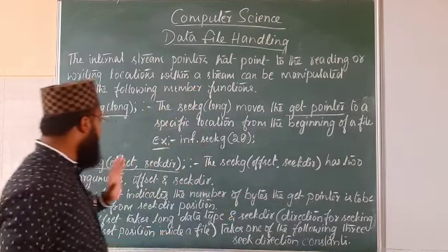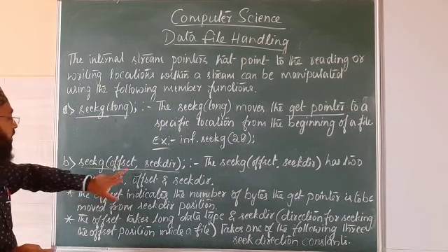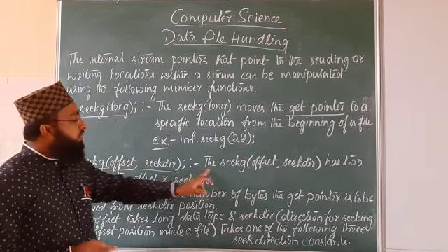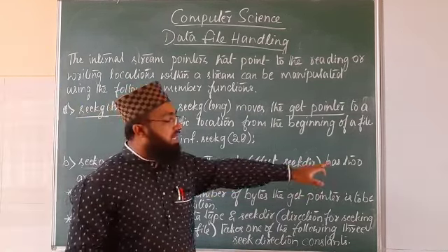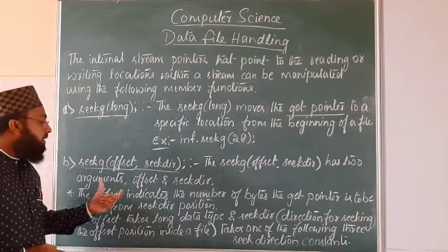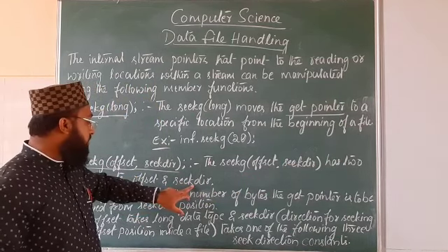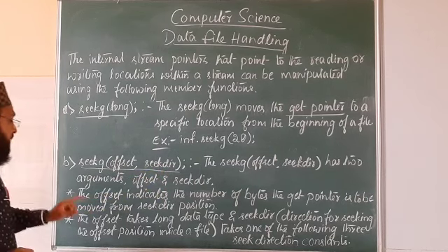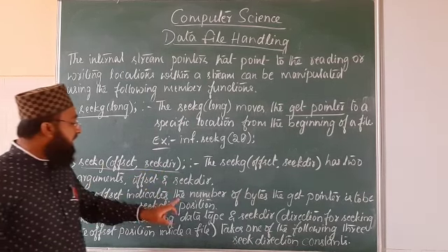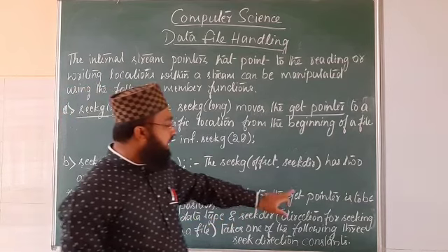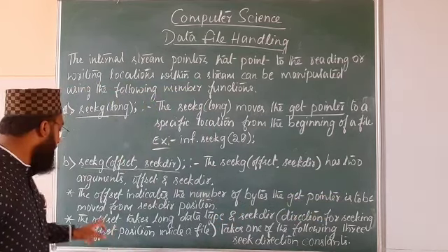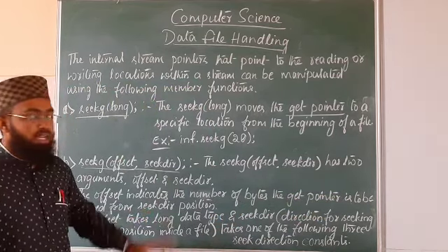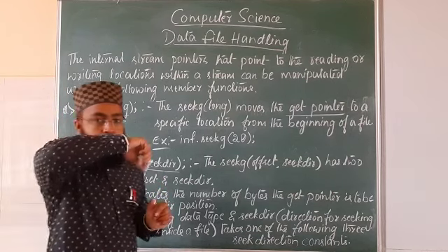Next come to seekg(offset, seekdir). The seekg(offset, seekdir) has two arguments: one is offset, the next one is seekdir. What will the offset do? The offset indicates the number of bytes the get pointer is to be moved from the seekdir position.